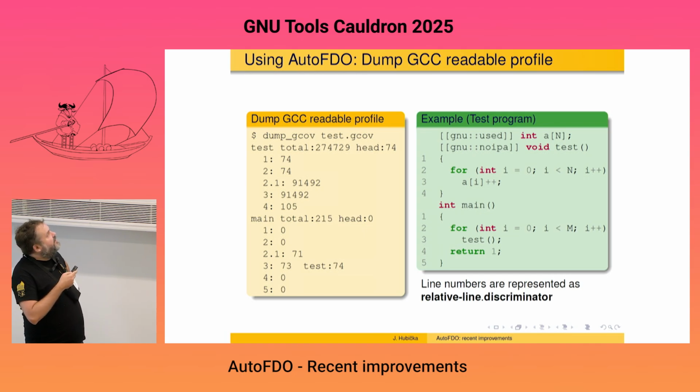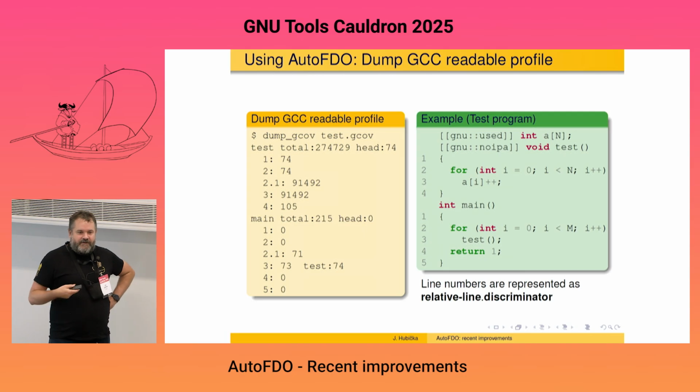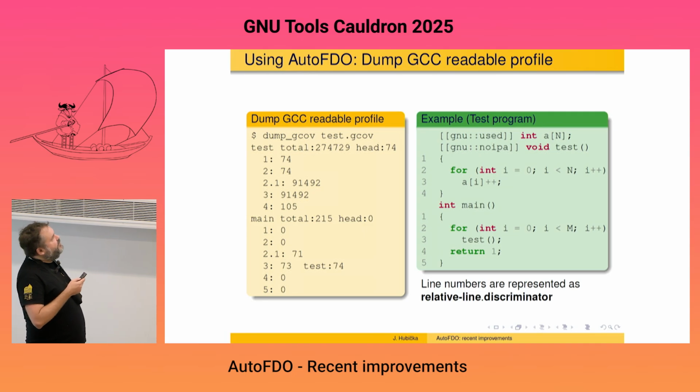And these numbers are actual line numbers, starting from the beginning of the function. It's done this way because you want to be stable across small source code changes. So if your function moves in the file, these numbers don't change because they're relative to the beginning of the function.